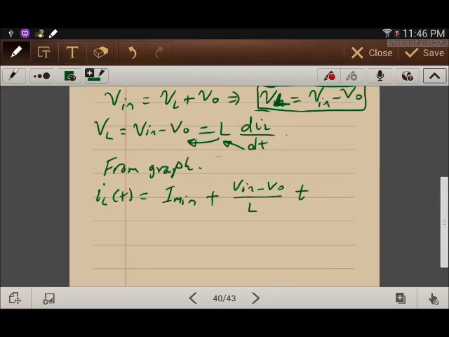So if I say IL at time DT is equal to I minimum plus (V input minus V output) divided by L, instead of t I put DT.